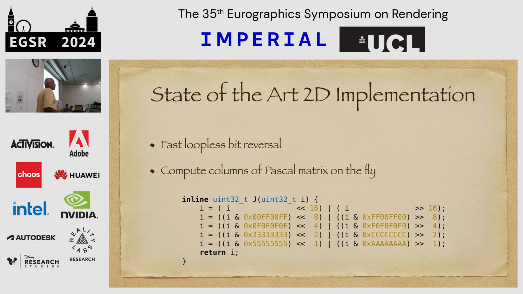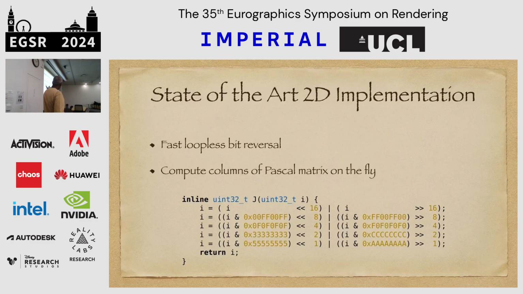For the current state-of-the-art implementation, they use loopless bit reversal for the first dimension. You may wonder why we are using bit reversal: it's the identity matrix, but the vector itself is bit-reversed. They implement the bit reversal like that; in Hacker's Delight you might find many examples like this.